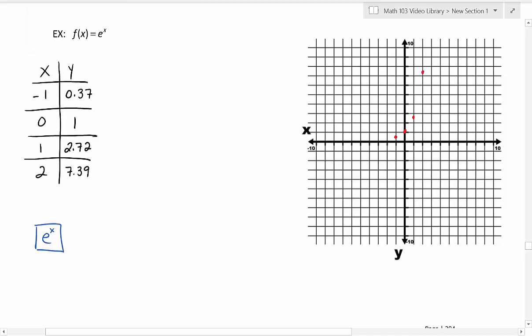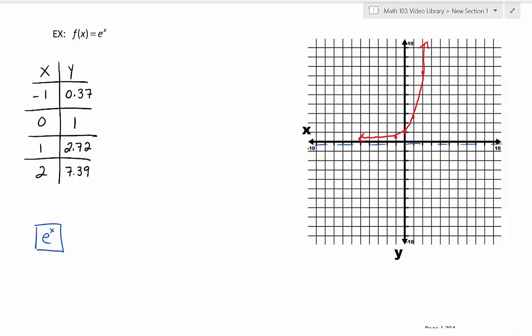We know that there's a horizontal asymptote on the y-axis. And we also know that one end of our graph is going to have to tend towards that horizontal asymptote, and it's going to be the end that's already really close to the horizontal asymptote. Here's the graph of f of x equals e to the x.